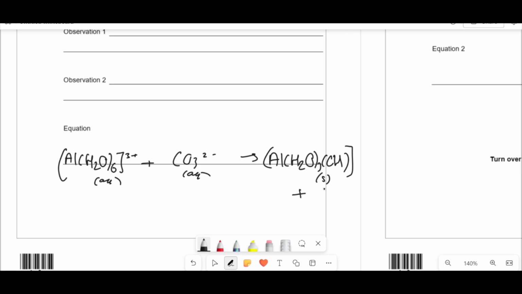Plus something else. This has lost a proton. This will have accepted the proton because you can see it's going from H2O to OH, right? And if this has accepted a proton, then we're going to have to think of something that can eventually make what it is. So generally, this is acting as an acid. This is a carbonate. An acid plus a carbonate makes a salt plus water plus carbon dioxide. So then we've got to balance it.